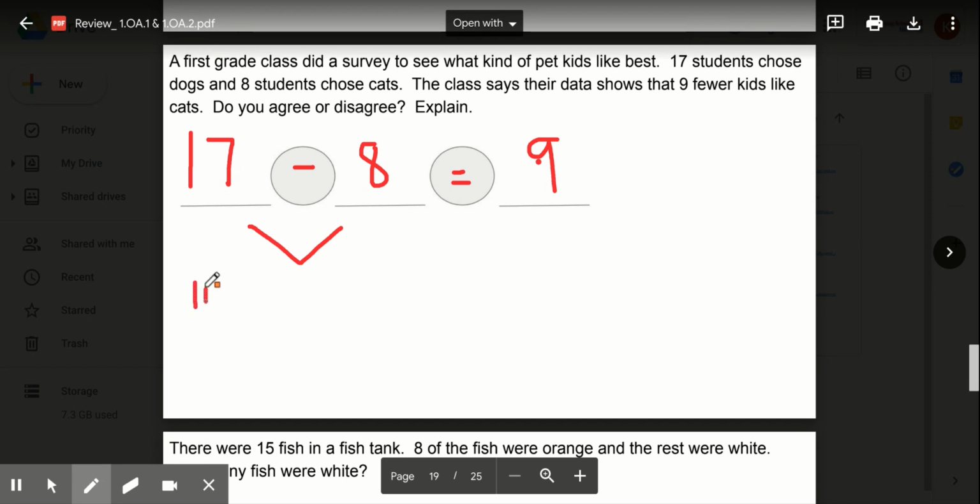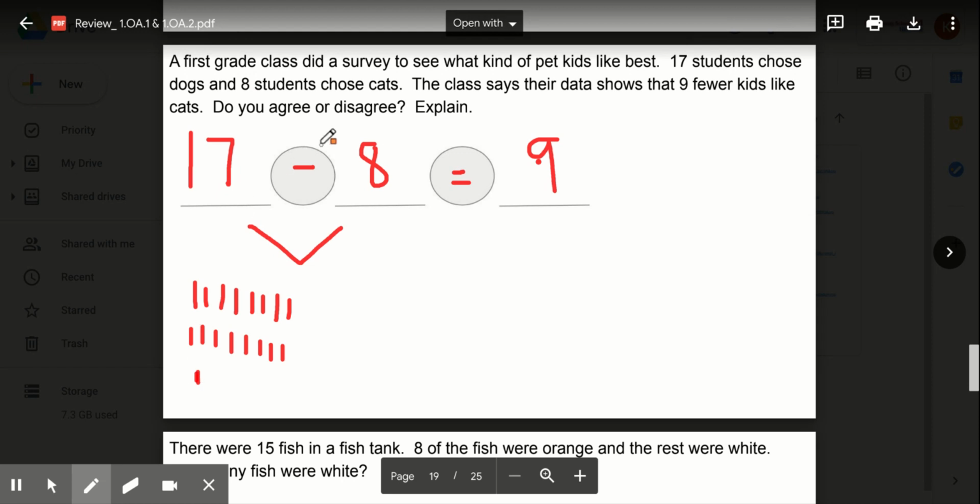1, 2, 3, 4, 5, 6, 7, 8, 9, 10, 11, 12, 13, 14, 15, 16, 17. And 8 students chose cats.